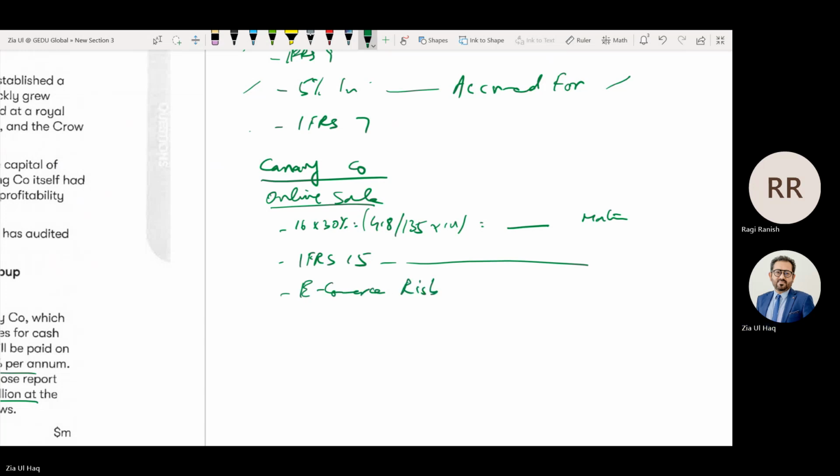E-commerce risk. If the controls over customer payment details are not working effectively, and customer payment details could be hacked or misused, the company needs to pay damages to the customers.